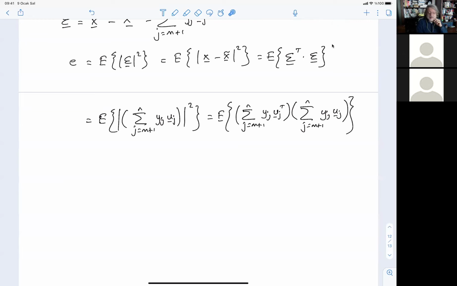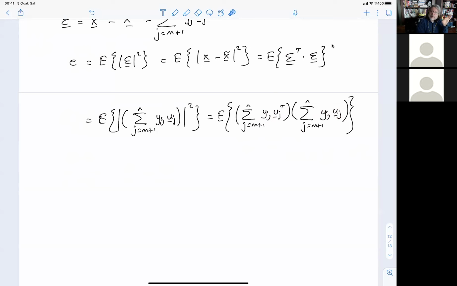But notice one thing here, these terms are mostly zeros, especially the terms that correspond to different indexes, like the first with the third, for example. The first one will be y_{m+1} u_{m+1} transpose, and the third one from the second summation will be y_{m+3} u_{m+3}.